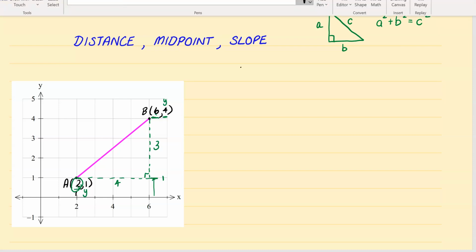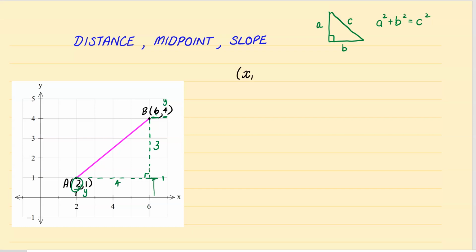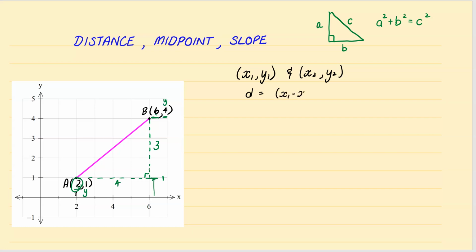If we have 2 points, let's call them (x1, y1) and the second point (x2, y2), then our distance formula is the difference between our x values, x1 minus x2, and according to Pythag, we'll square that, and then we'll find the difference of our y values, y1 take y2, and we'll square that.